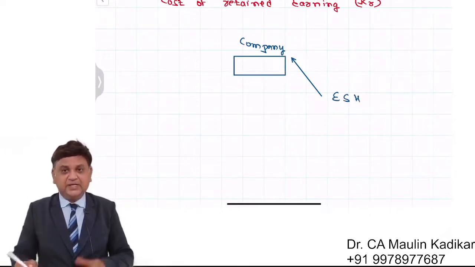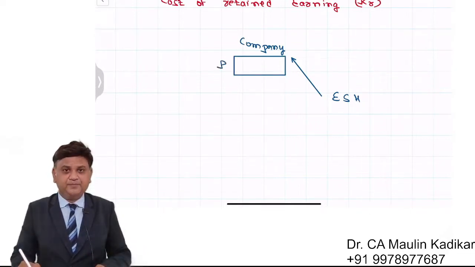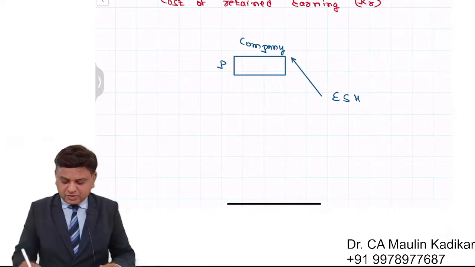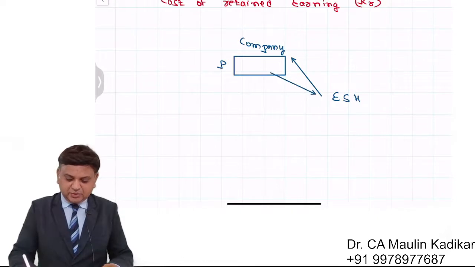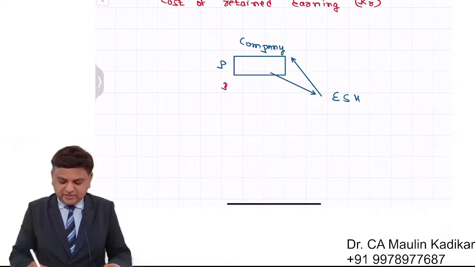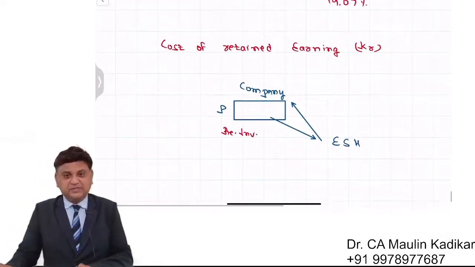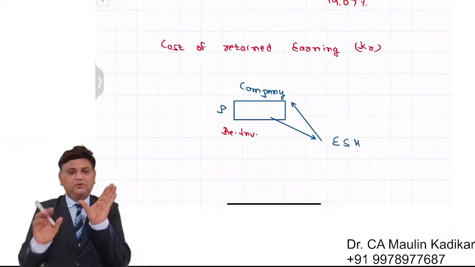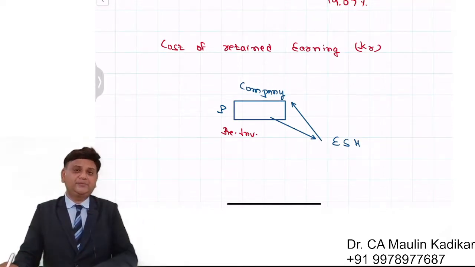Whatever is the profit of the company, a certain portion of the profit is given to the shareholders and a certain portion of the earning is reinvested in the business.